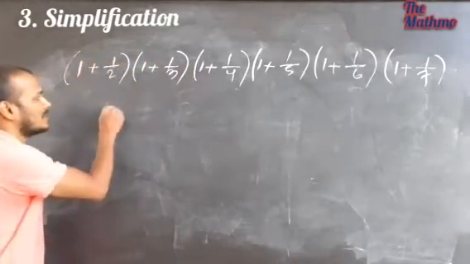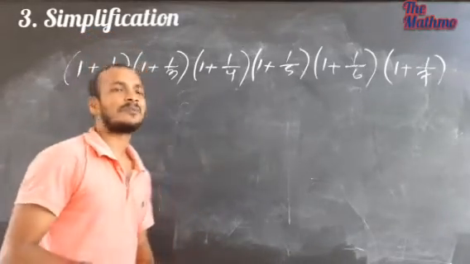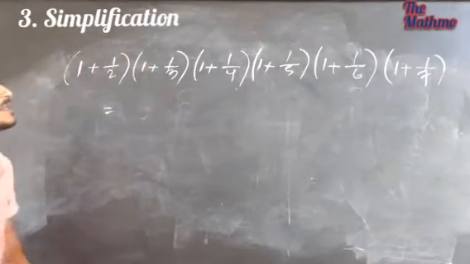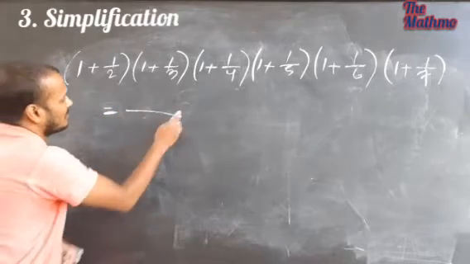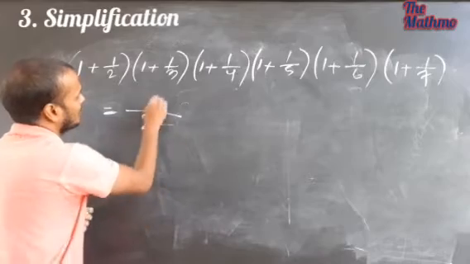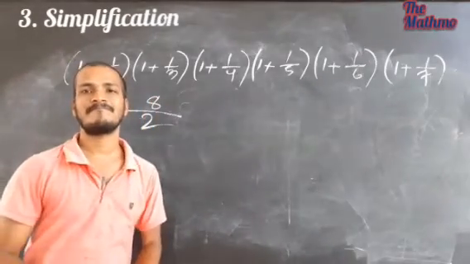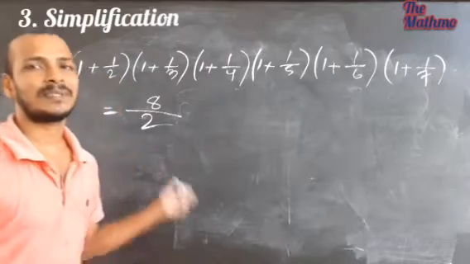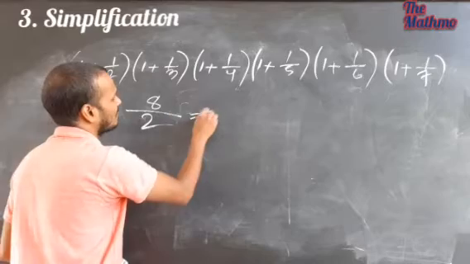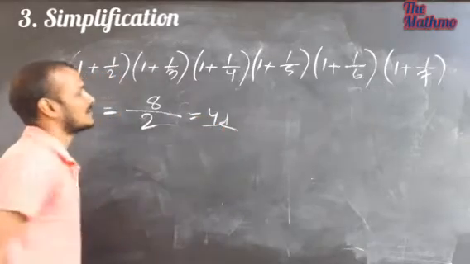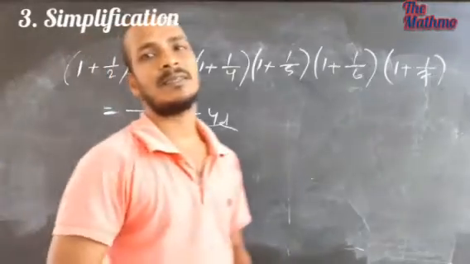If it is given to me, I'll write the answer just this way. This is the answer, and you can simplify this. 8 by 2 is 4. So the actual answer will be 4. How to do that? Let us see.